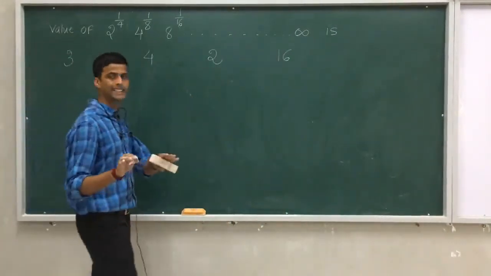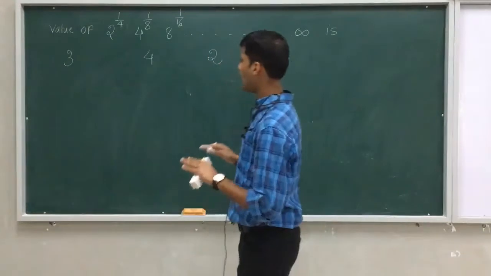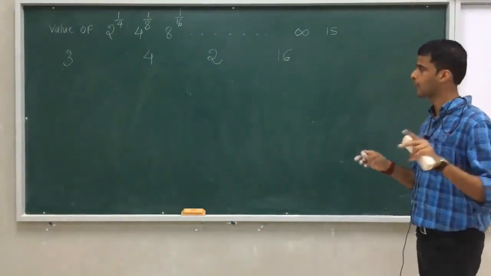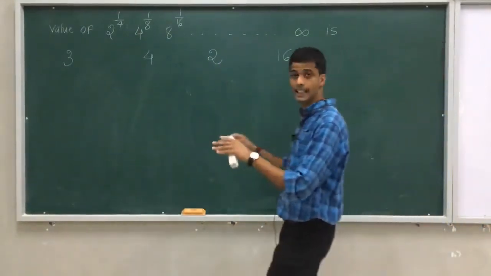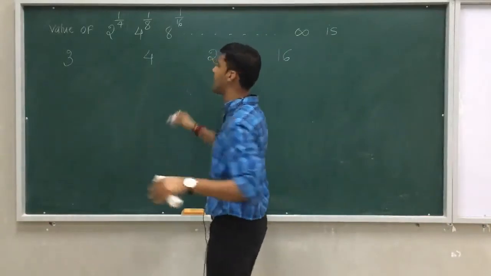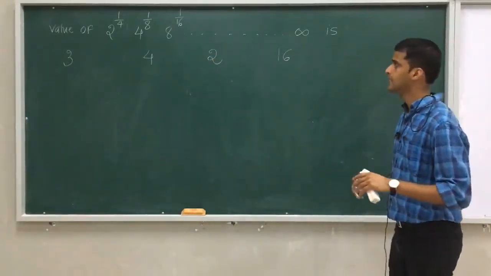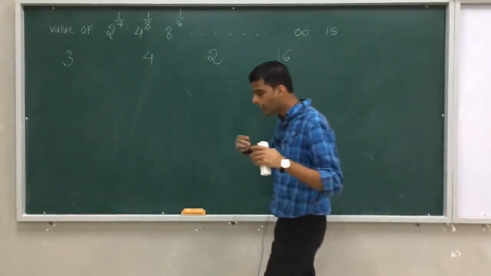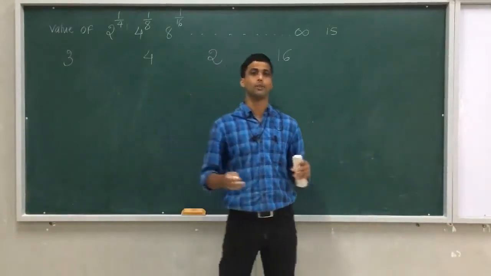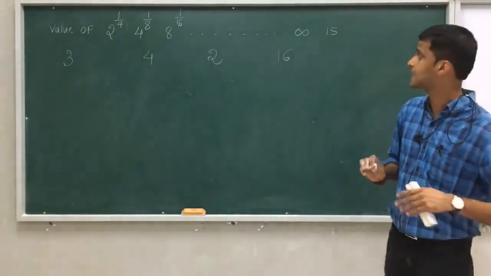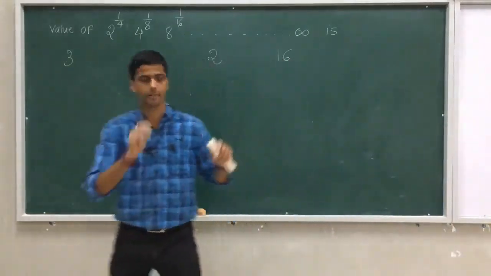So what we will do in this case is, what if we convert everything to base 2, meaning what if I write 4 and 8 in terms of 2.